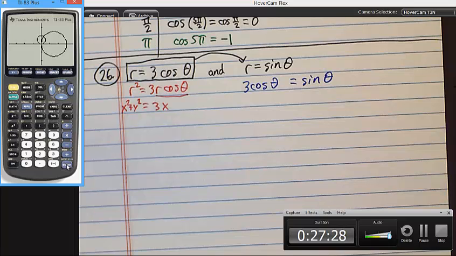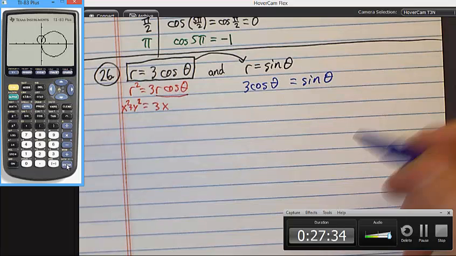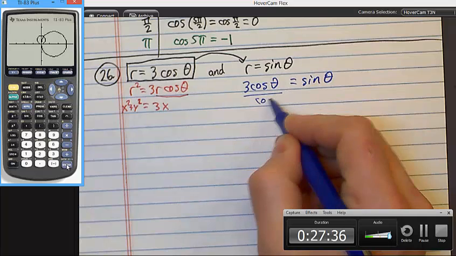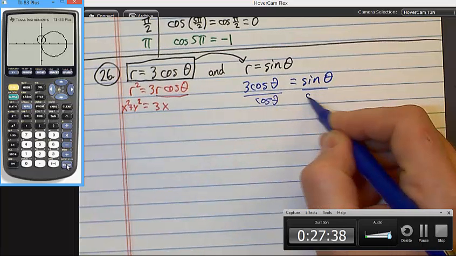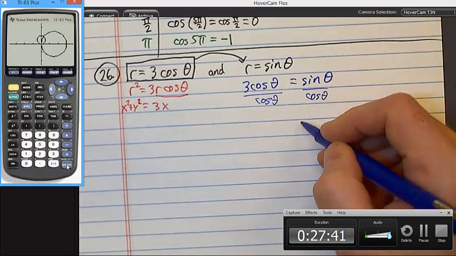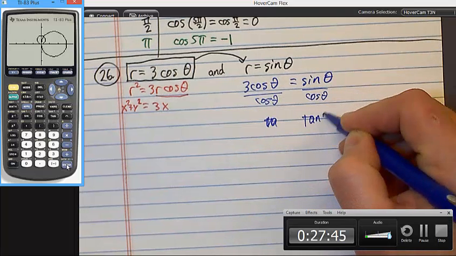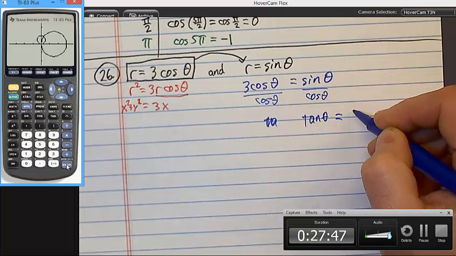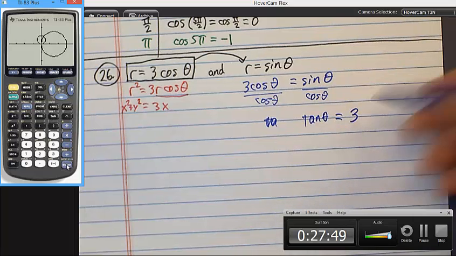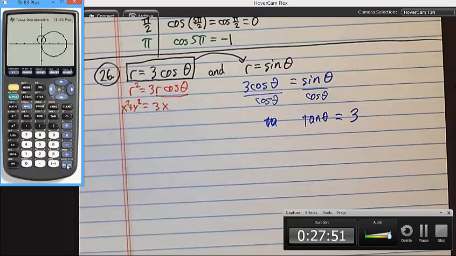Ideas of what to do next? Yeah, Liza? That's what I would do. Divide both sides by cosine theta. And so now the equation is, well, tangent of theta is equal to what? 3. And isn't this just like the problems we were just doing, right?